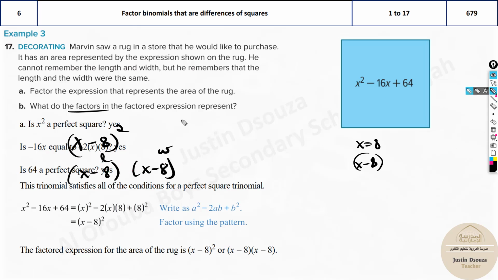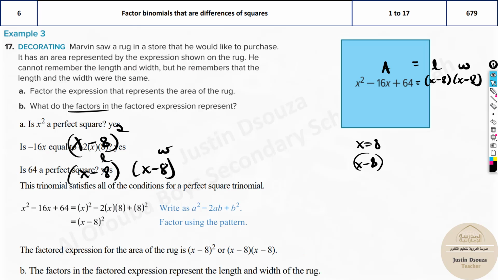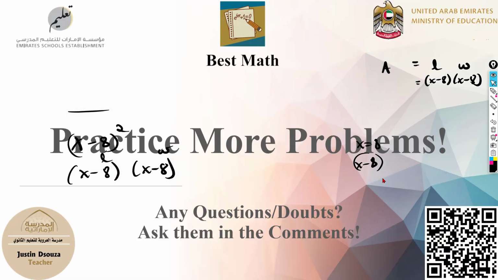So this is the area, and this is equal to x minus 8, x minus 8. That is length, width. Area equals length times width. That is what is mentioned here. And yes, the expression represents the length and width of the rug.